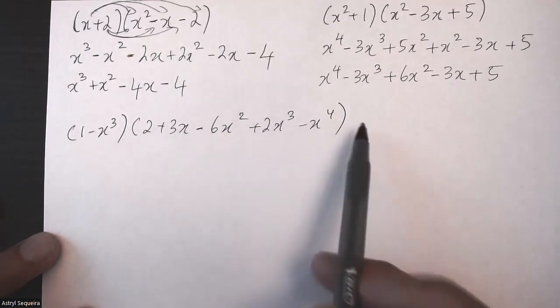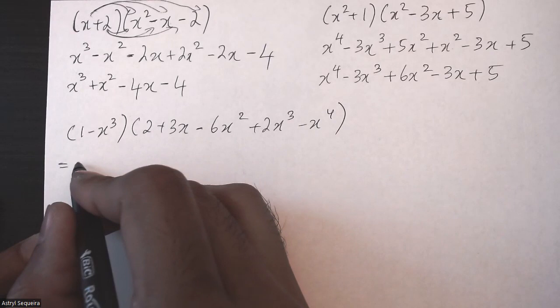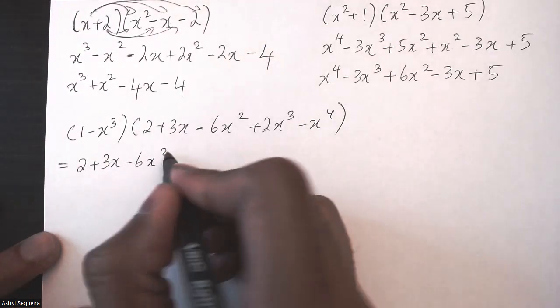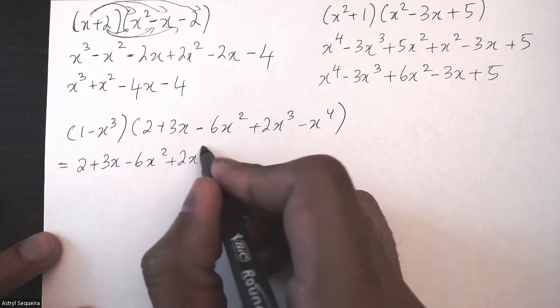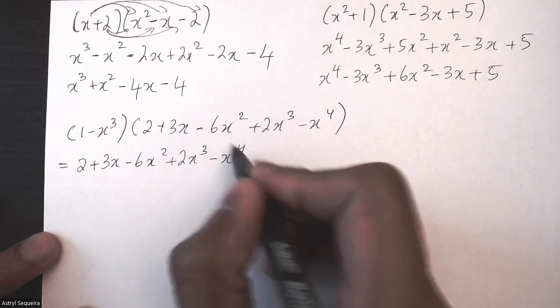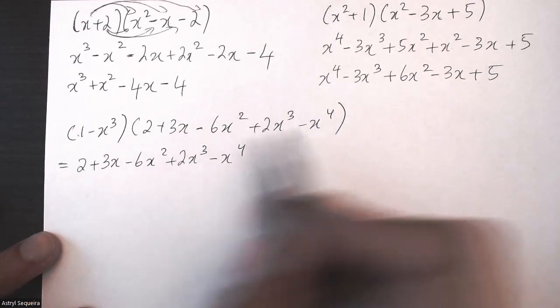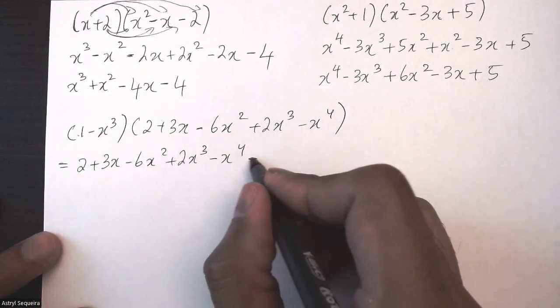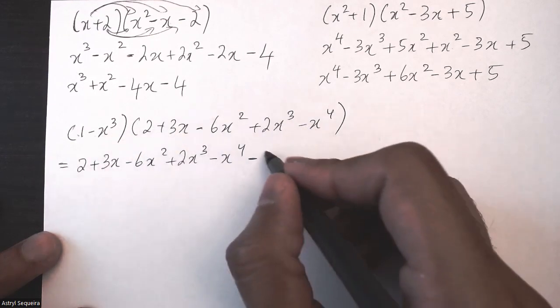So 1 times all these terms will just give us the exact same equation. I just wrote this whole thing down because 1 times that is this, and then negative x cubed times all these terms. So I'm going to start with negative 2x cubed.